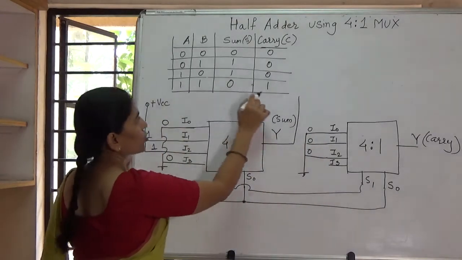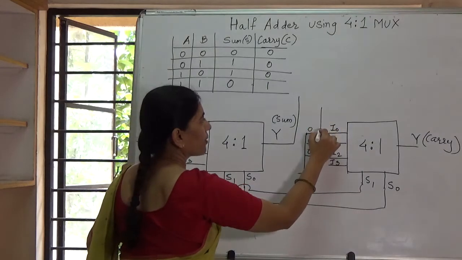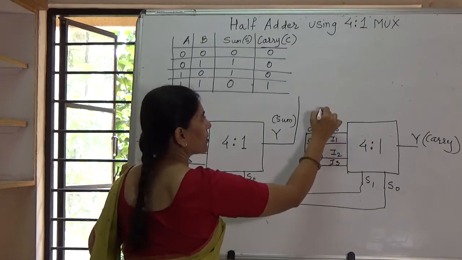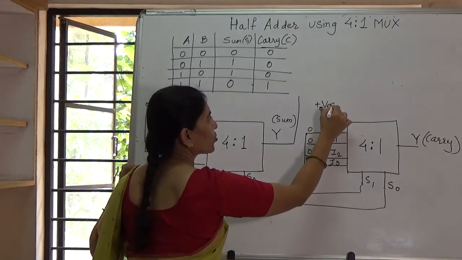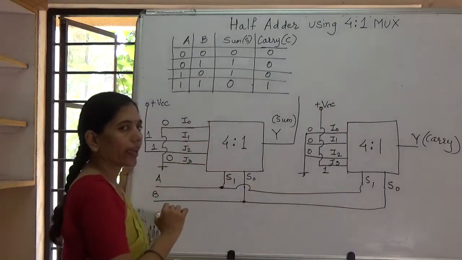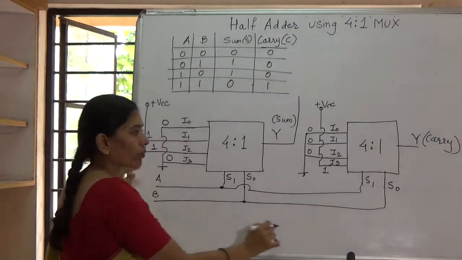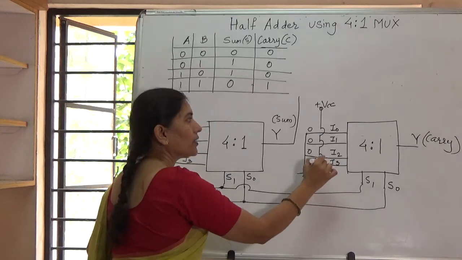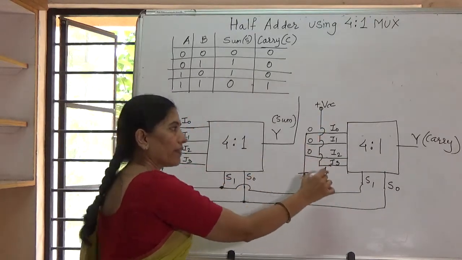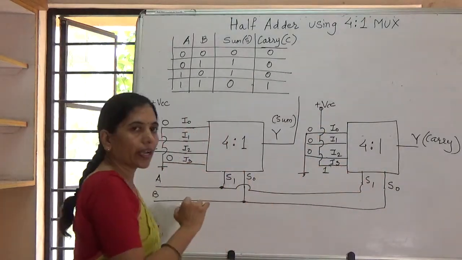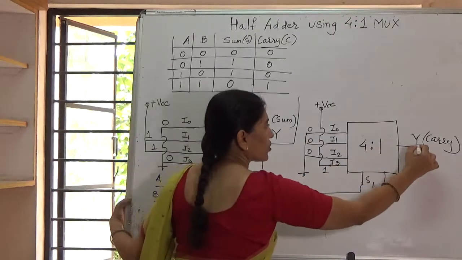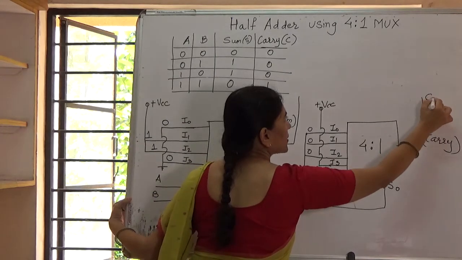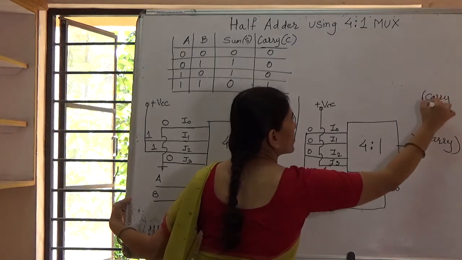I3 needs to be connected to a 1 because whenever I3 is selected, it needs to connect 1 to the output line. So whenever A and B are 1 1, the select lines will select I3, but I3 in turn is connected to VCC and therefore the output Y will become a 1. So this output Y will generate the carry output, that is the C output.